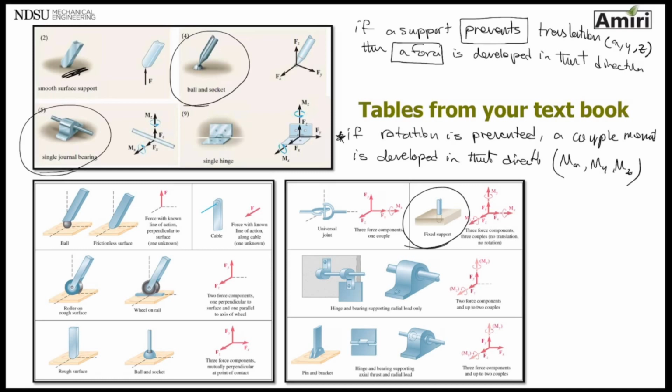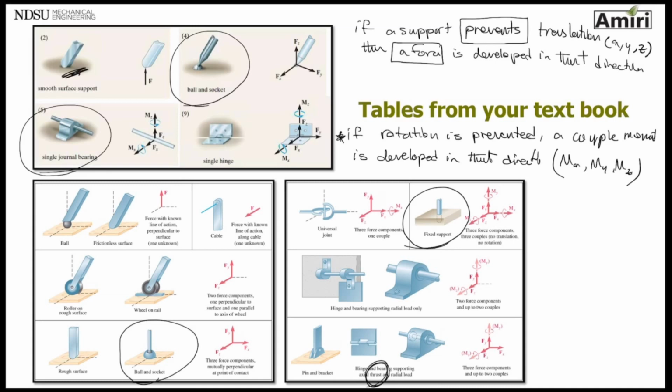But as I mentioned, journal bearing, thrust bearing, ball and socket, and fixed supports are the most common ones that you gotta know, what forces they apply and so on. So this is another ball and socket down here. This one is a thrust bearing.